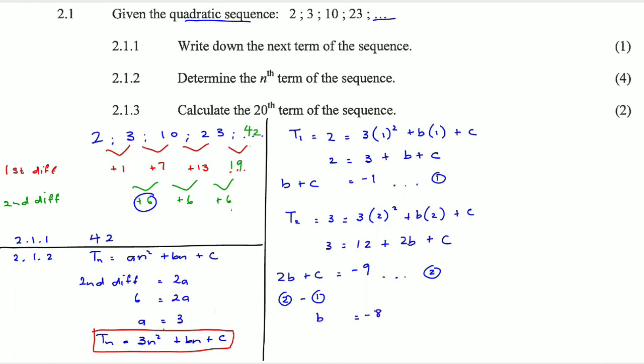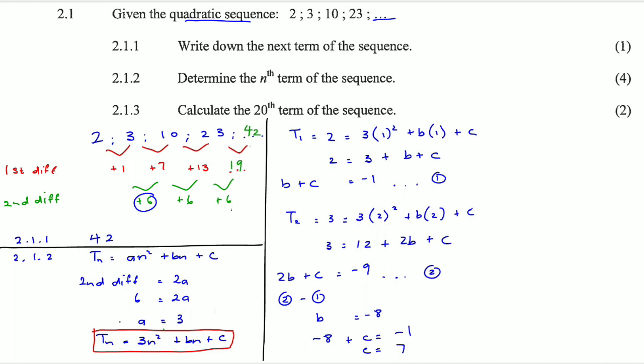And we'll substitute b equals minus 8 into equation 1. That will give us minus 8 plus c is equal to minus 1. So c is equal to minus 1 plus 8, which is 7.